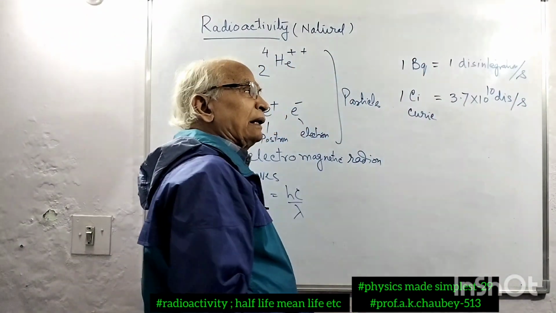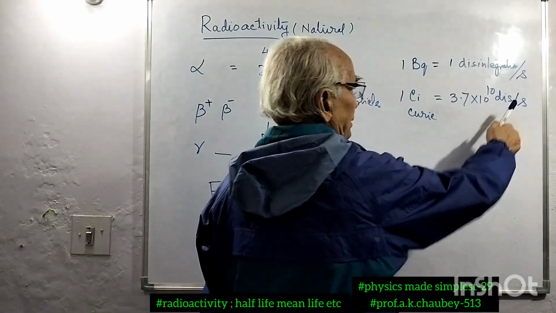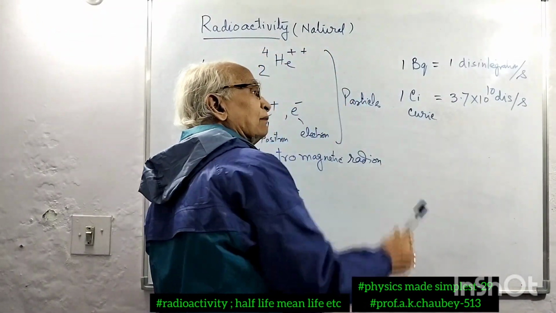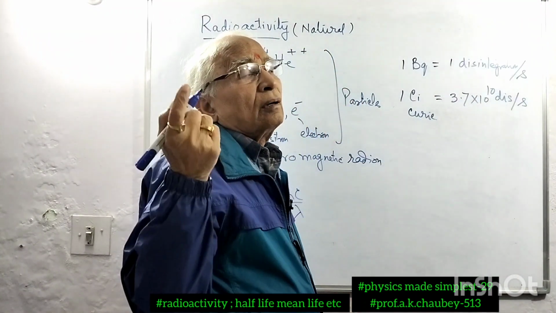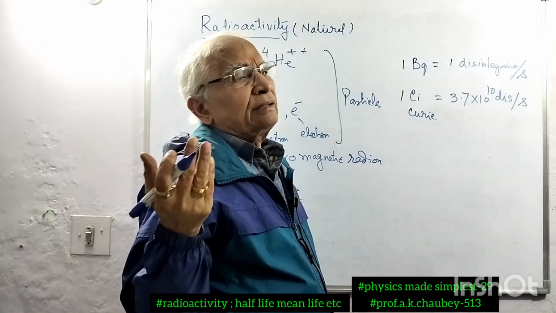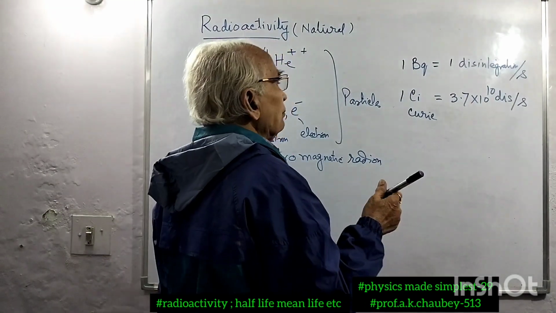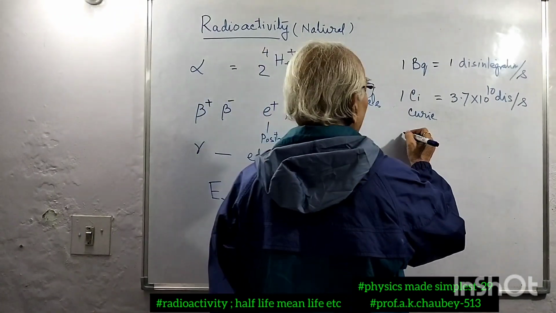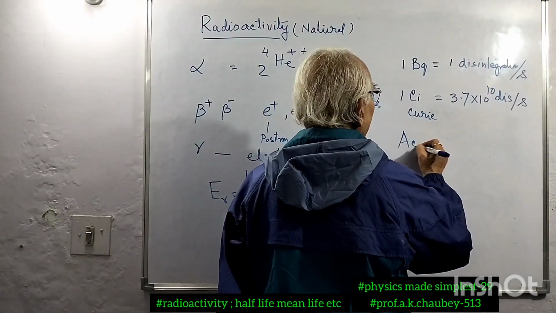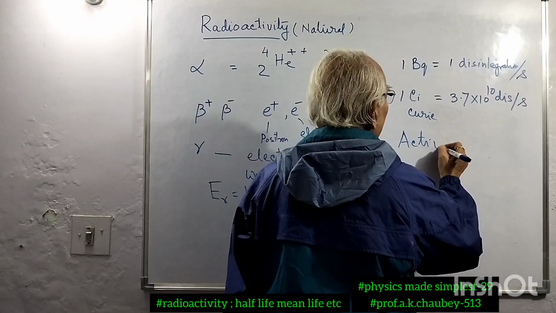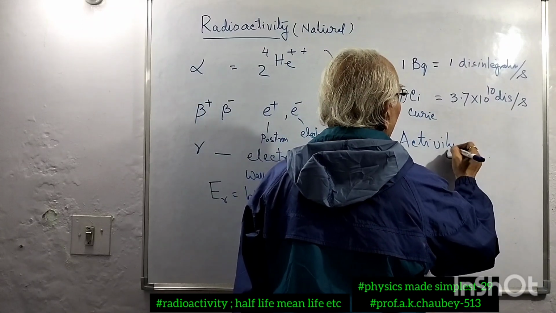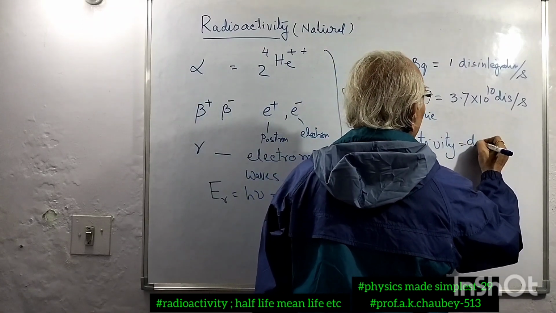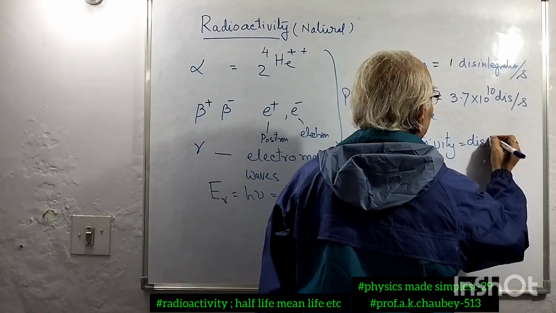If any element has so many disintegrations per second, that activity is called 1 curie. The activity means the disintegration rate, that is the activity of the element.